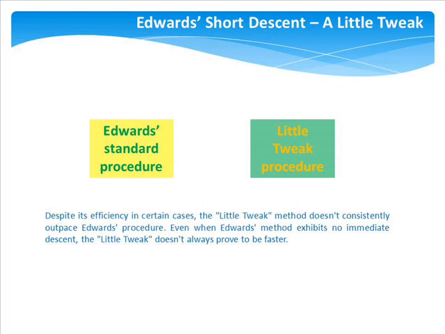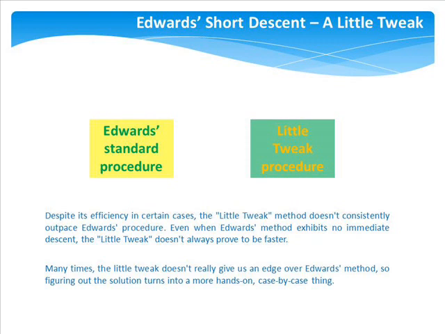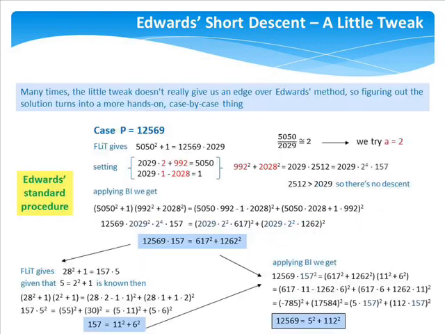Even when Edwards' method exhibits no immediate descent, the little tweak doesn't always prove to be faster. Bottom line, many times the little tweak doesn't really give us an edge over Edwards' method. So figuring out the solution turns into a more hands-on case-by-case thing.